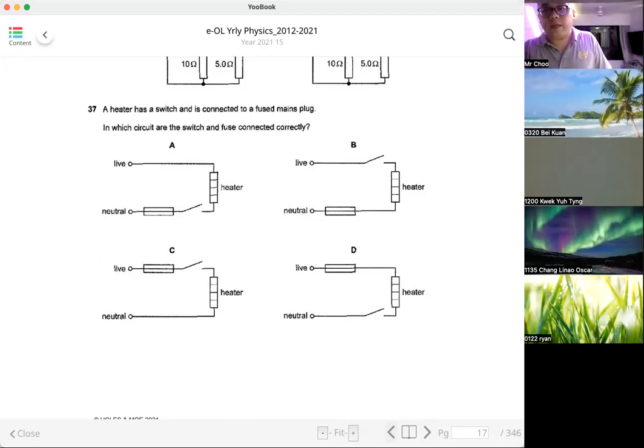Okay, all of you can get this question correct. Well done. Yu Ting, well done. Oscar, well done. Xiao Xing, Bei Kuan, Hao Rui, well done. And Ryan, what's your answer for this? Well done.